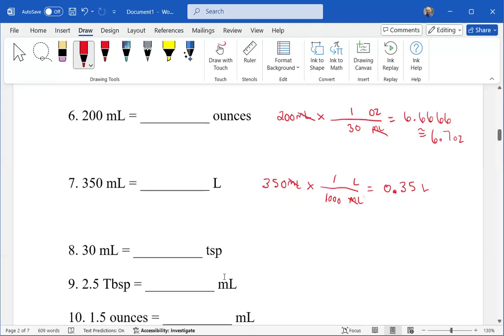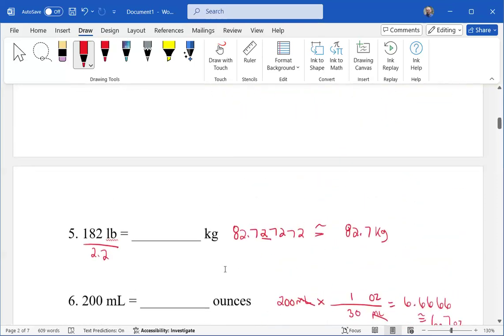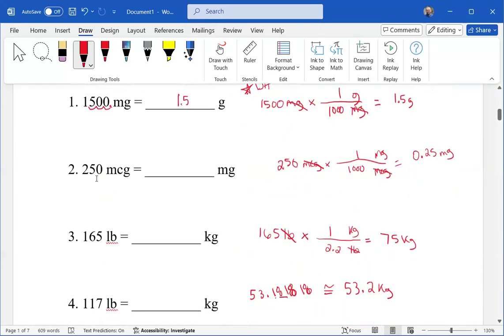I am going to add an extra question here just so you can see the reverse of this.